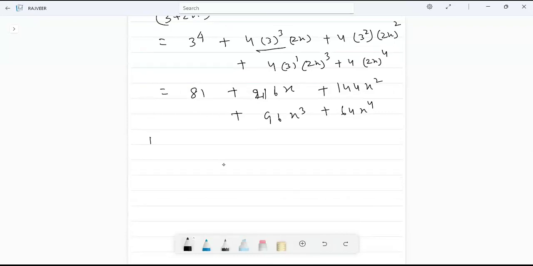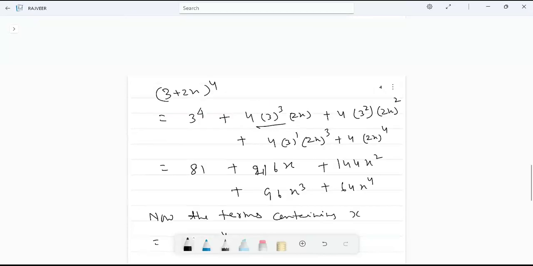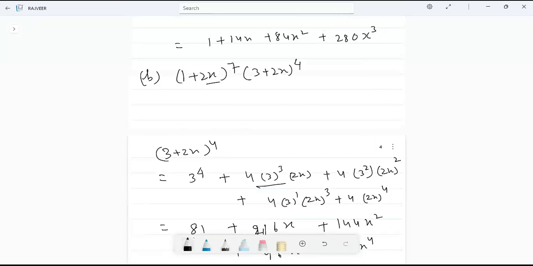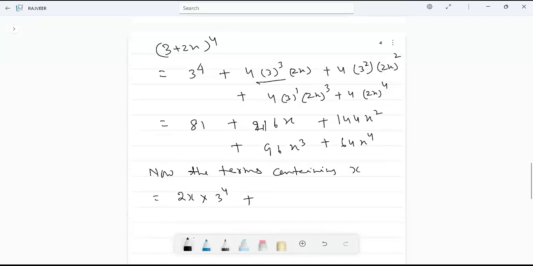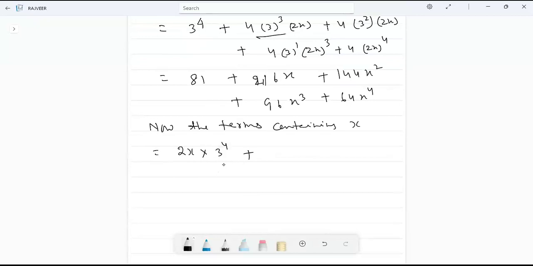Now the terms containing x equals 2x into 3 to the power 4 plus 1 into 216x.